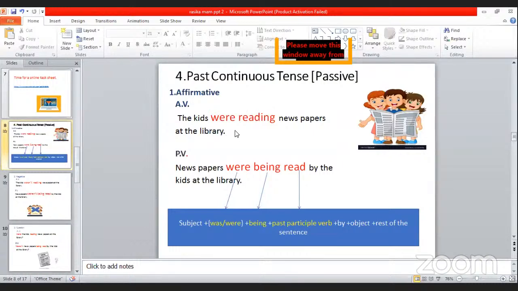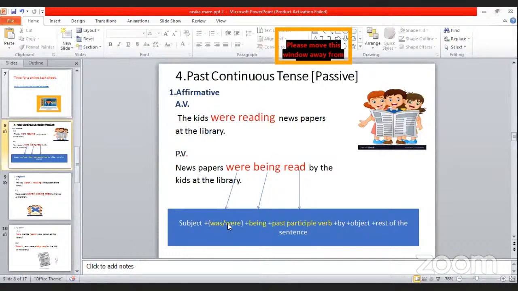The kids were reading newspapers at the library. So we can bring this object to the front place in our passive voice sentence. Newspapers, that is the subject. Now just compare with the structure. You can see our structure in blue.